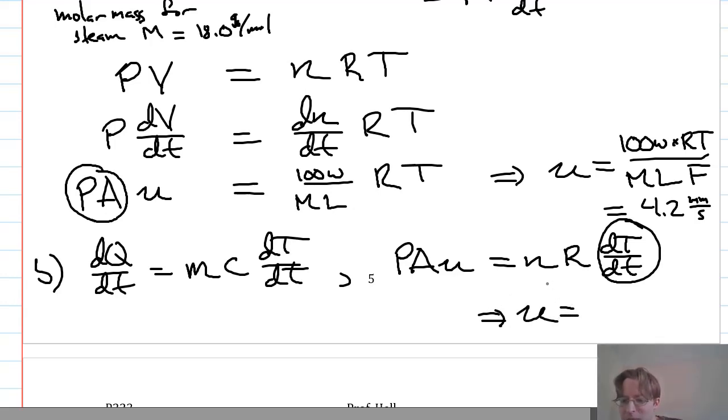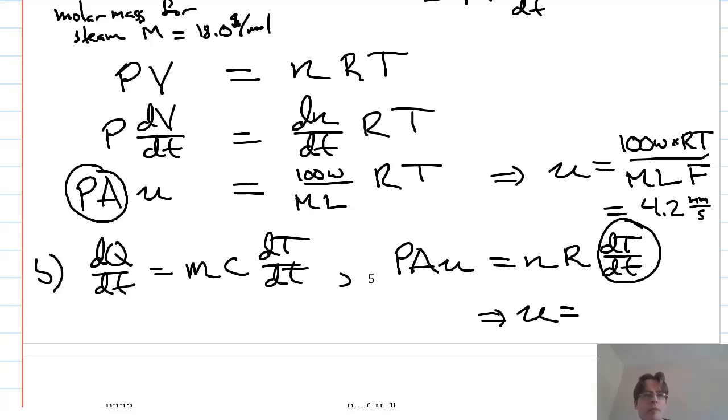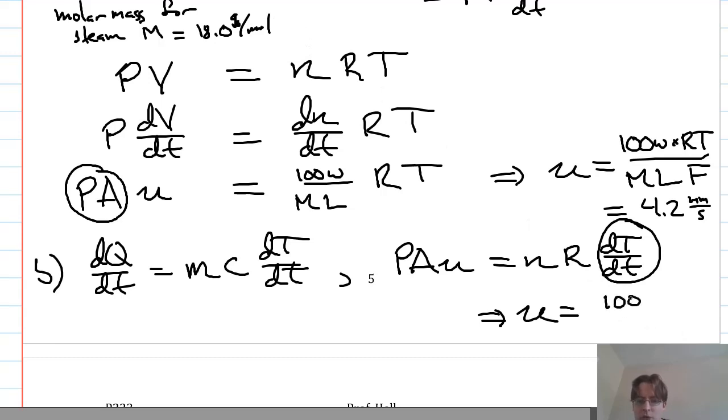In this case, the speed comes out to be 100 watts times R divided by M, the molar mass, times the specific heat of steam multiplied by that force.